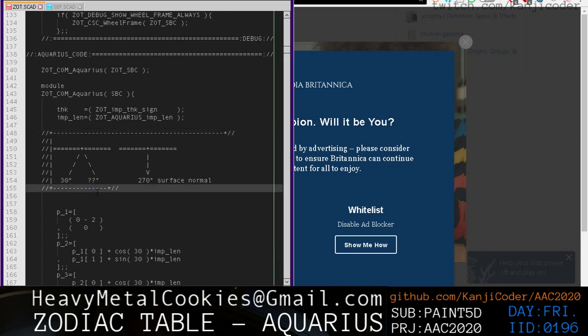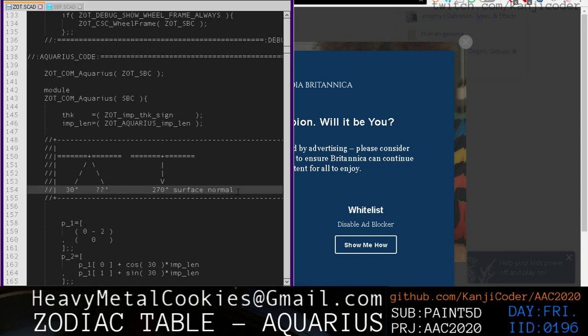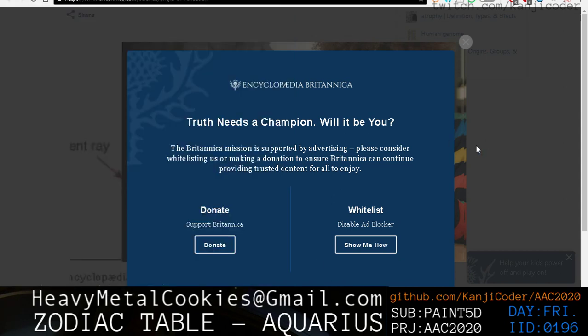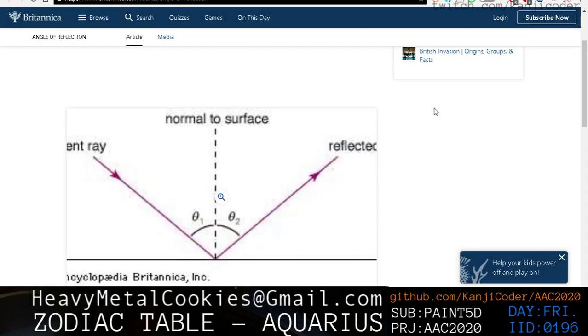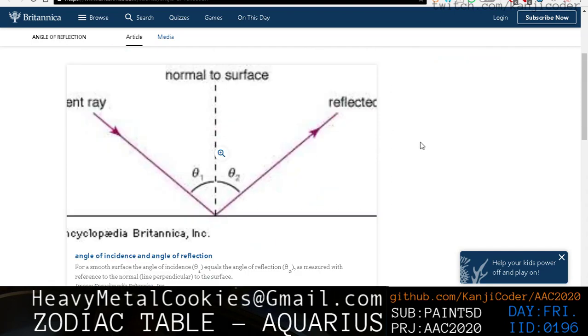And so there's probably some dot product calculations that I'm not super familiar with, but this would be good for working on rendering engine code too, so this could apply to rendering engine stuff. Let's figure this out. Okay, angle of incidence and angle of reflection.